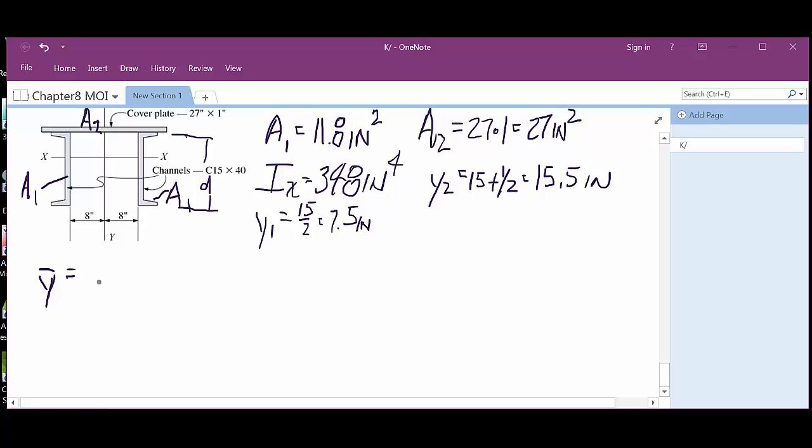So y bar is what? The area of the first one, 11.8 square inches, times y1, which is 7.5 inches.